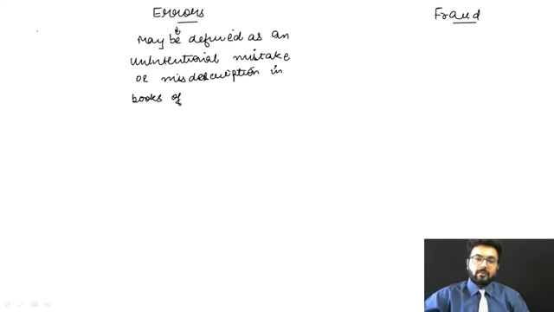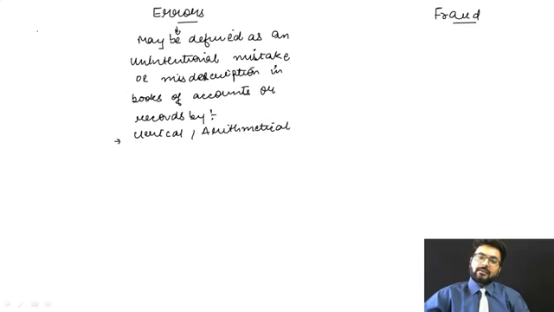In books of accounts, misdescription in books of accounts or records. This misdescription or error can be done by, the very first point, a clerical or arithmetical mistake.